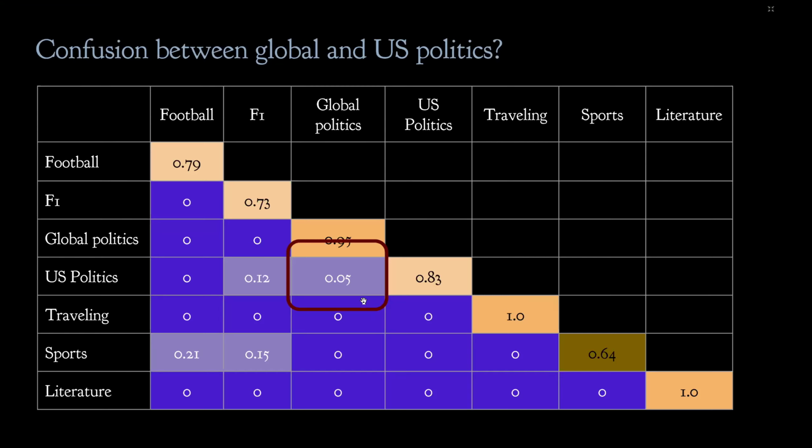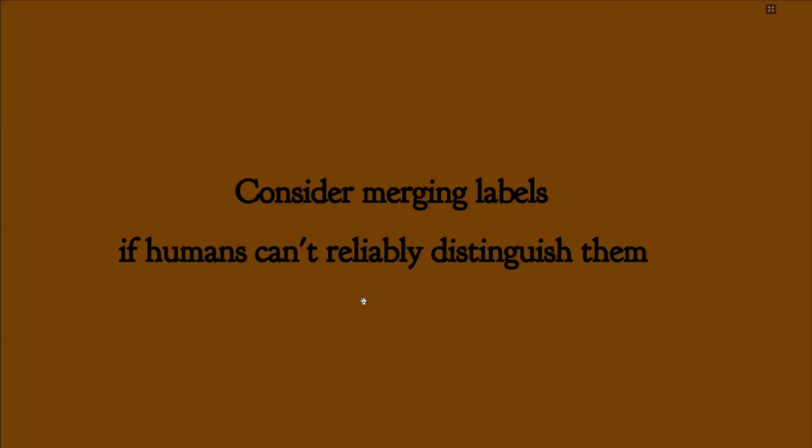But in this particular case, I can imagine there might be some events in the last half a year where some US politics have influenced global politics in some way. I wouldn't exactly know how. But if you see this happening in your data, you could consider merging the labels, especially if it's not relevant for your application.